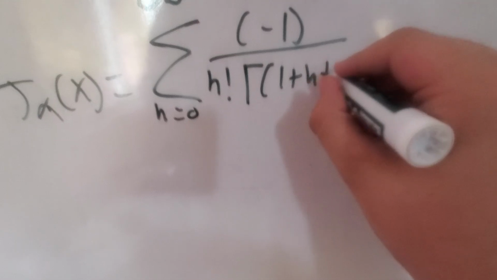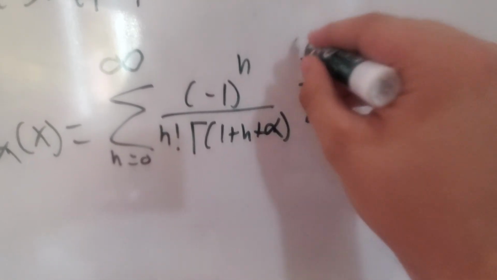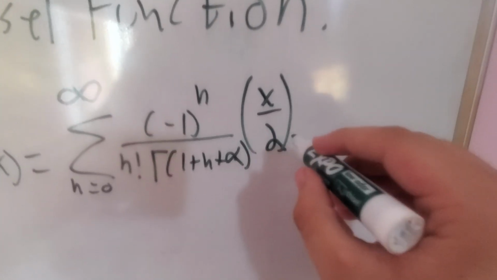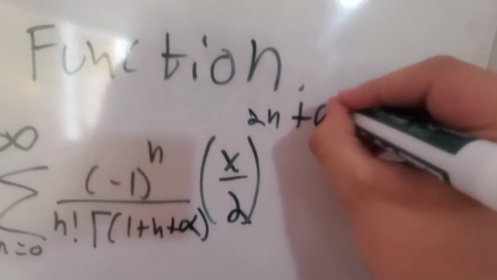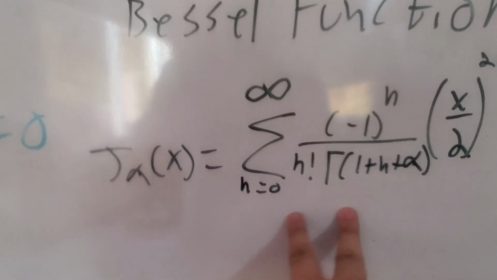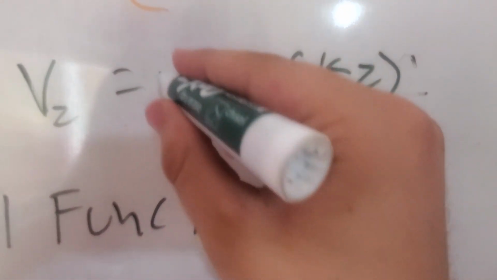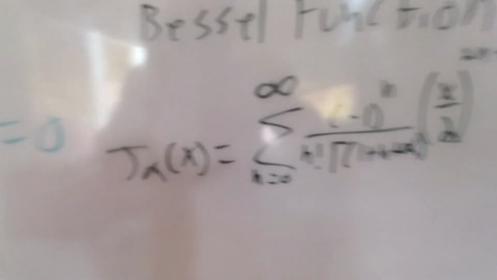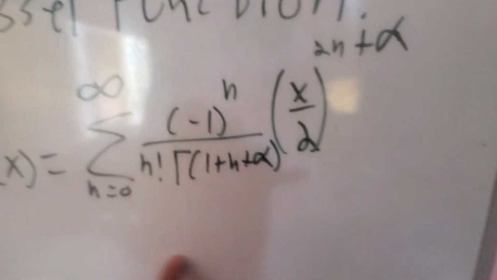Gamma of 1 plus n plus alpha, times x over 2 to the power of 2n plus alpha. This function right there is our solution. And one thing I forgot is that we have a constant here for the z. But yeah, there we go. This is our solution to that differential equation right here.